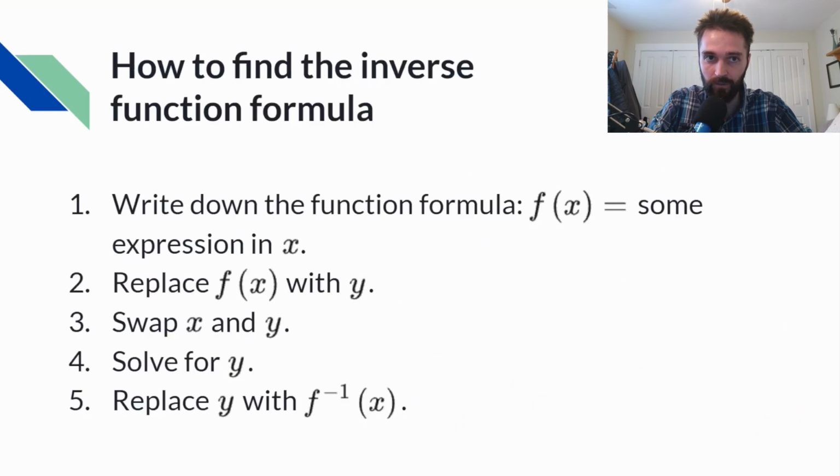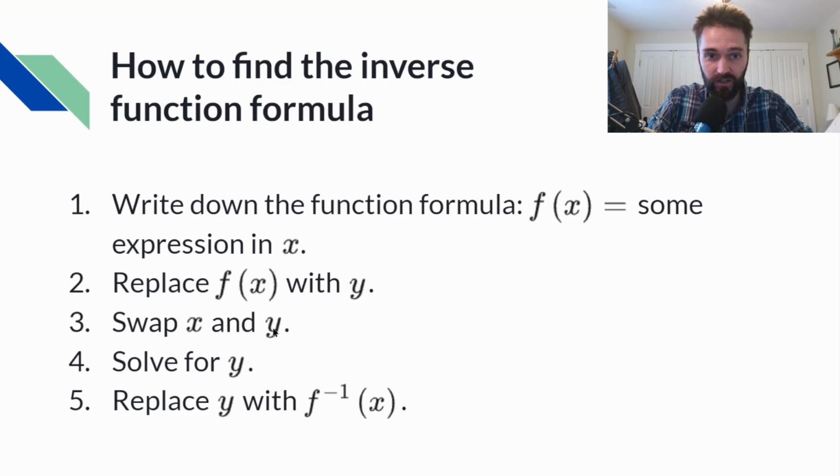Let's shift gears here and talk about how to find the inverse function formula. This is the recipe we'll follow to come up with inverse function formulas. The first step in the recipe is to write down the function formula f of x equals some expression in x. Then we replace f of x with y, and we swap x and y, because remember with inverse functions, the input and the output are swapped.